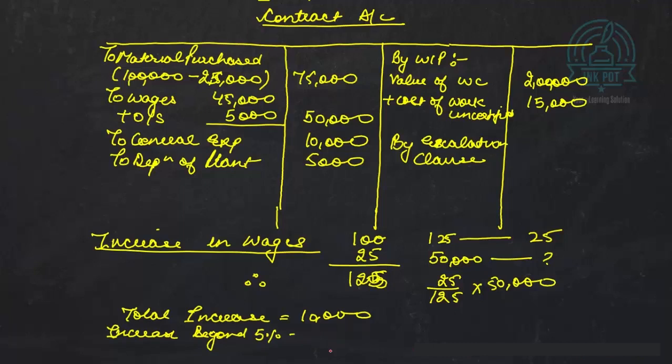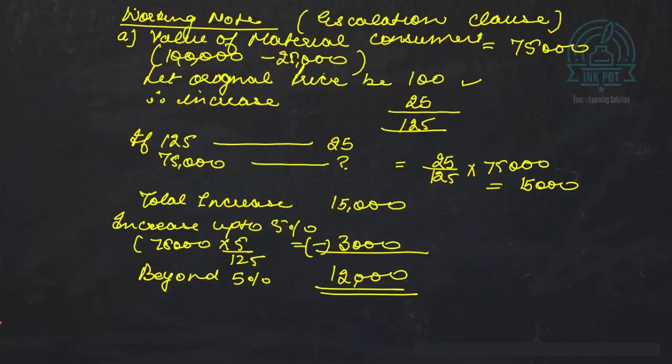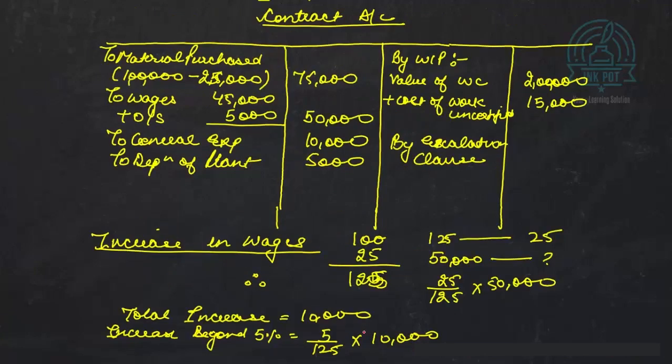5 upon 125 into 10,000. 5 divided by 125 into, yes, I'm taking 10,000 here, the value is 50,000. So increase beyond 5% is 2,000.